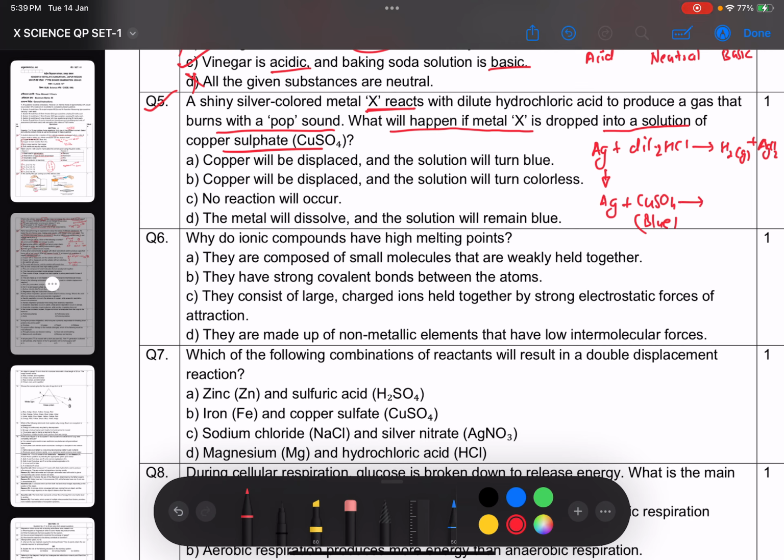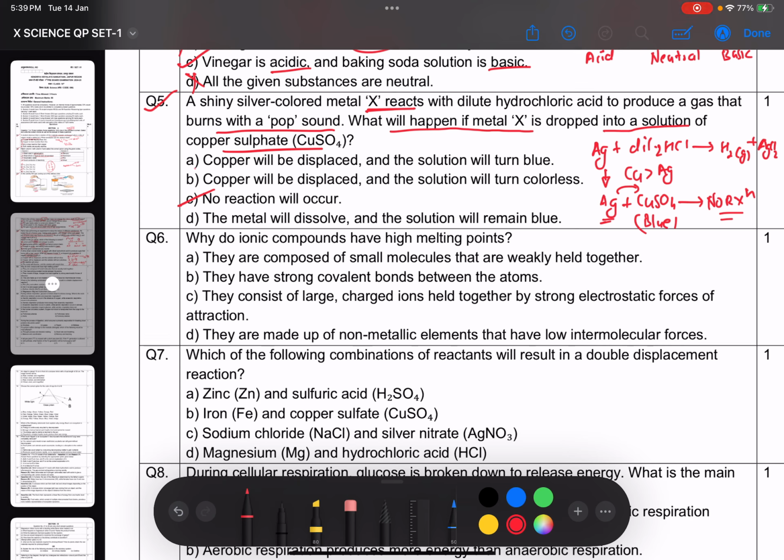From the reactivity series, we know that copper is more reactive than silver, or we can say silver is less reactive than copper, so it will not be able to displace copper from this copper sulfate solution. So here no reaction will take place, so the correct option written over here is no reaction will occur. So this will be our correct answer.